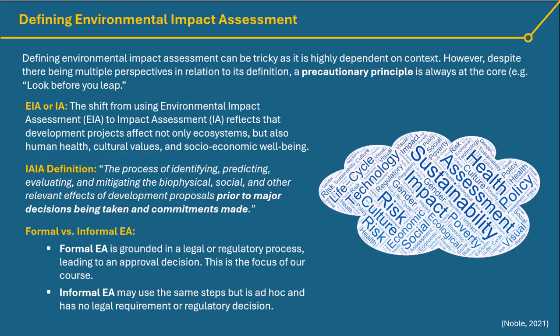It's written into law, it follows specific regulations, and results in a regulatory decision being made, usually an approval or a denial with some form of conditions. And really that is the type of assessment that we will be focused on in this course.